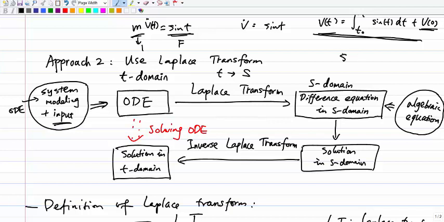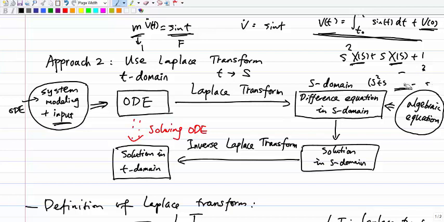For example, you could have s squared X(s) plus s times X(s) plus 0 plus 1 over s, and so on, equal to s squared, whatever it is. Now you can find X(s) very easily: you move the 1 to the right-hand side, you have s squared plus s times X(s) equal to s squared plus 1. Now you can find this solution easily in the s domain.